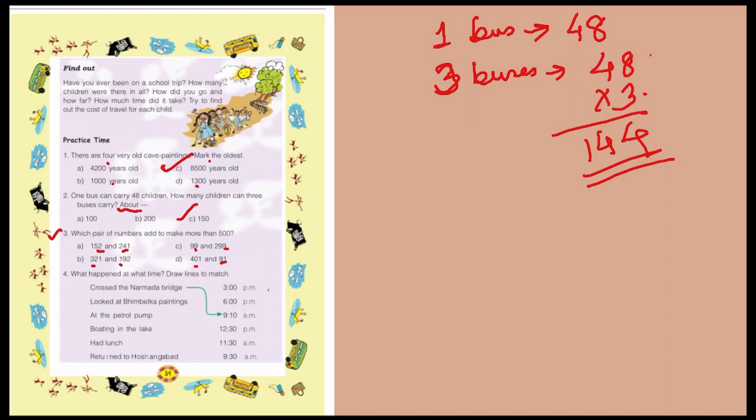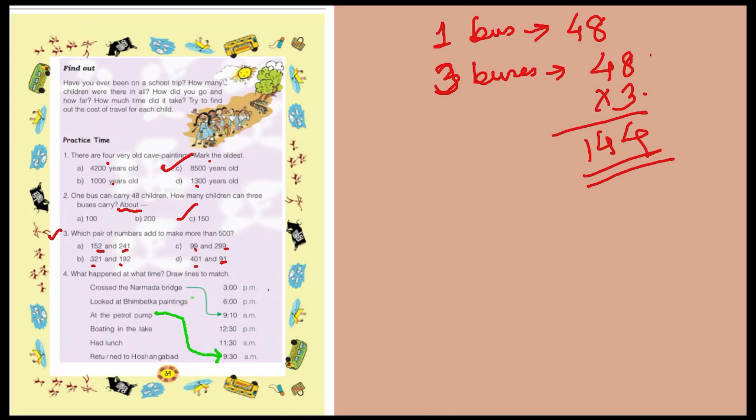Right? Next, what happened at what time? So let us start from the very beginning. They crossed Narmada bridge at 9:10. Then what did they do? They went to the petrol pump too, right? So it will be 9:30 a.m. After petrol pump, what did they do?